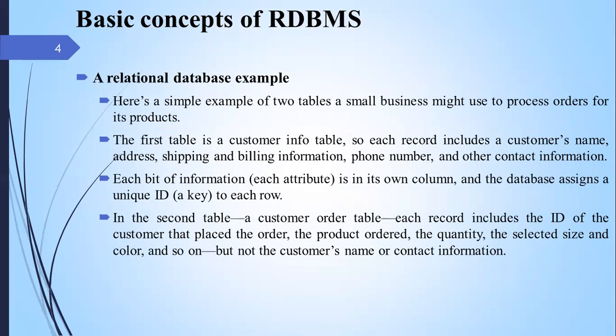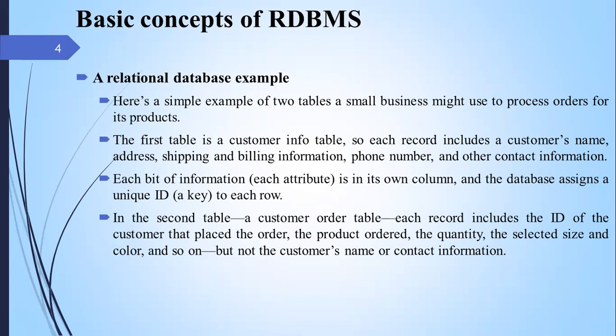A relational database management example is given here, so I would like to discuss this example with you. Here two tables are shown for a small business. The first table is a customer information table. Its records include the customer name, address, shipping and billing information, phone number, and other contact information about the customer.